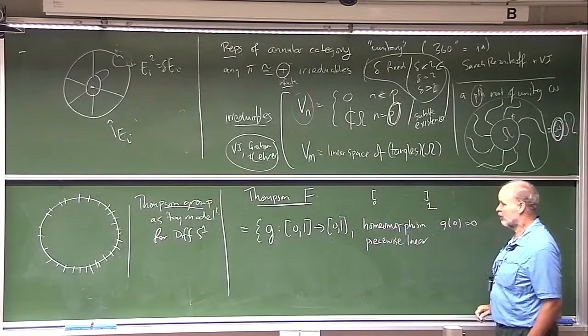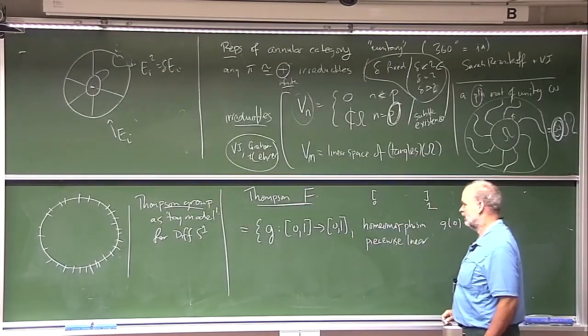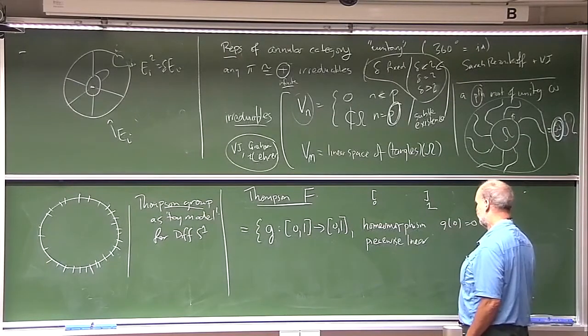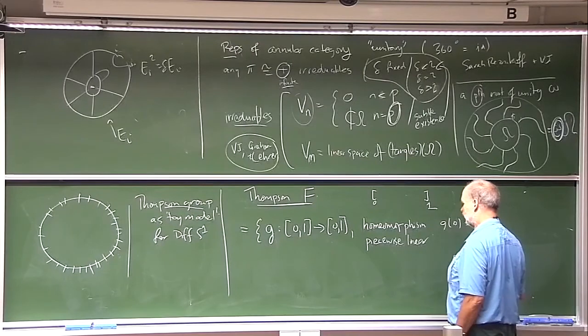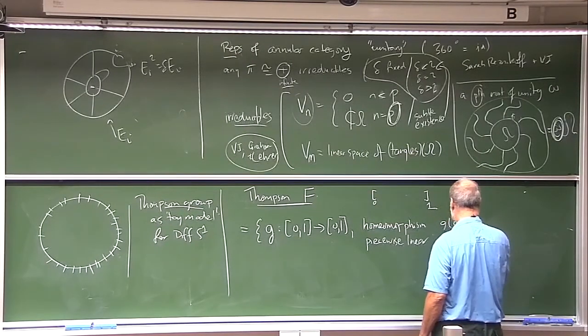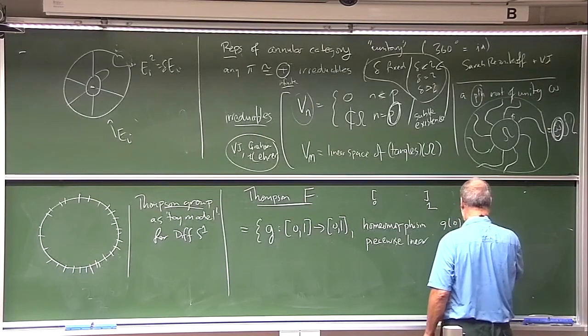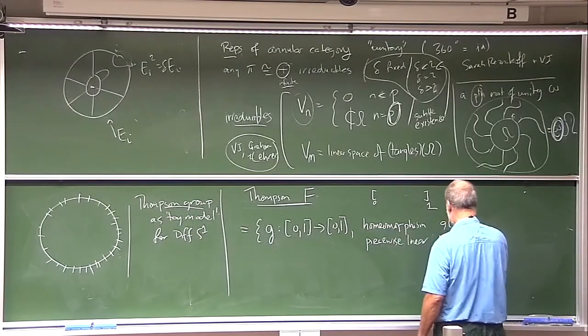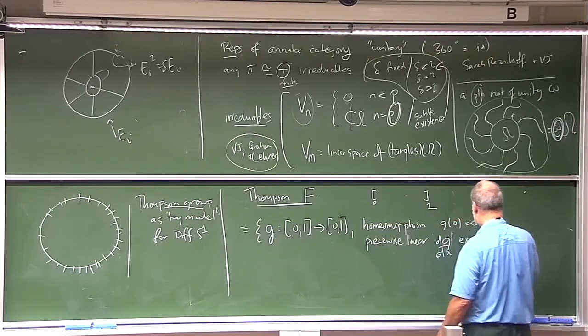Okay, so the group of all of those is too big, but we want to make some rather special requirements about it. So first of all, that it's smooth, so g prime, the derivative g'(x), exists.